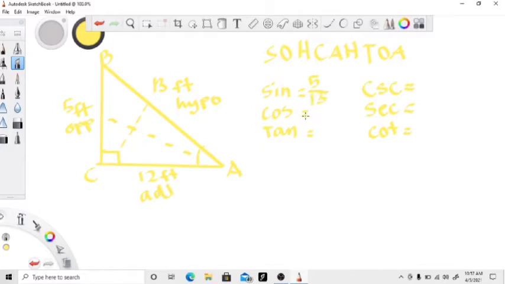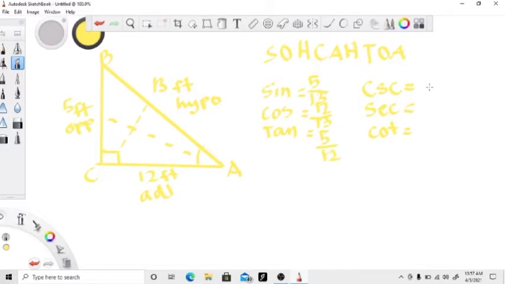For cos, it is adjacent over hypotenuse, where our adjacent is 12 feet and hypotenuse is 13, so it's going to be 12 over 13. For tan, it is opposite over adjacent, where the opposite is 5 feet and adjacent is 12 feet, so it's going to be 5 over 12.